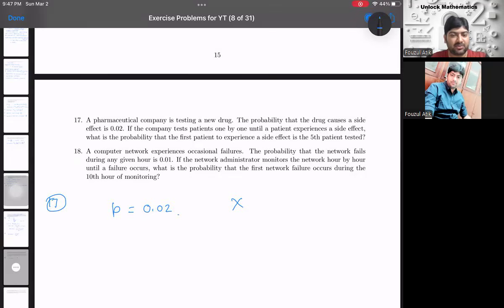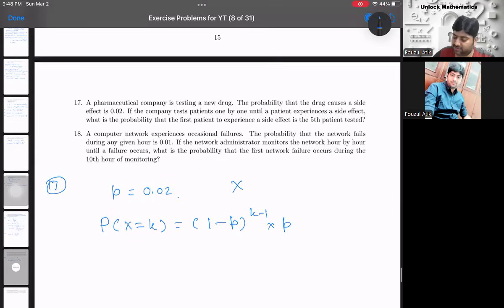And success means a patient will get a side effect. What is the probability of that? It is 0.02. Right? So we all know that for a geometric random variable, the probability mass function is P of x equal to k is equal to 1 minus p whole to the power k minus 1, times p. So this many times you will have failure and then you will have a probability of success. We have discussed it in this way only, right?